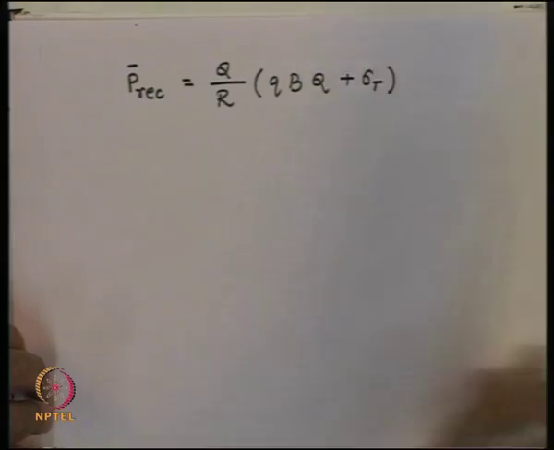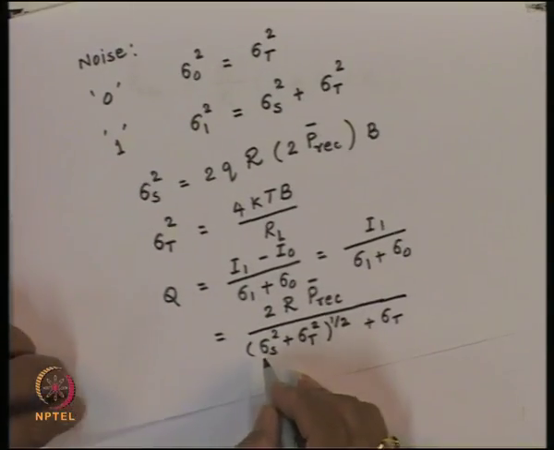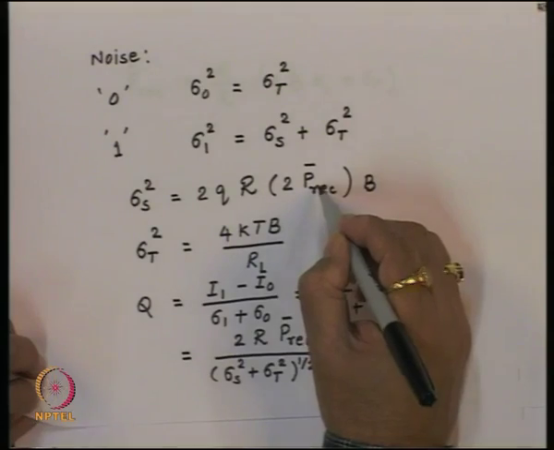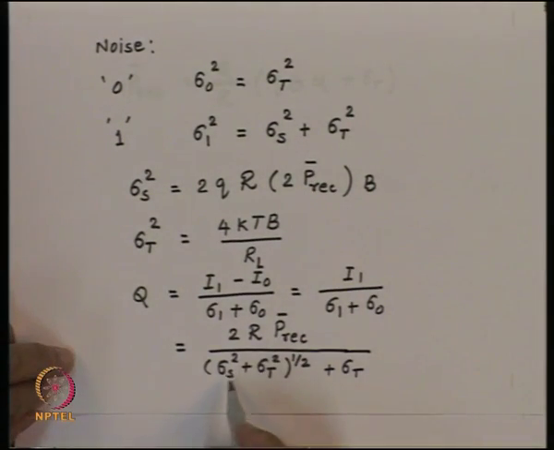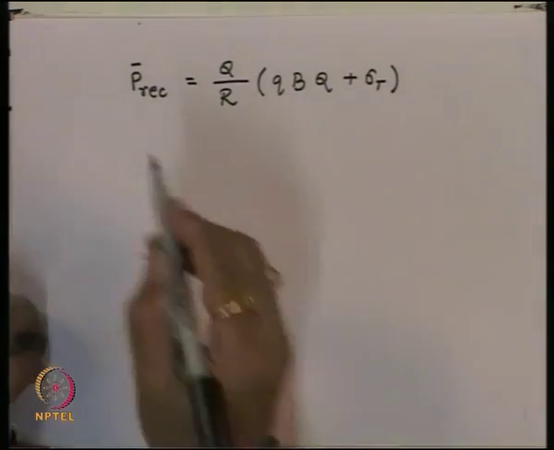Note here in this quantity sigma s square, we are already having a P received. So, essentially you have to solve for P received, and this is what we have done to get this quantity P received.